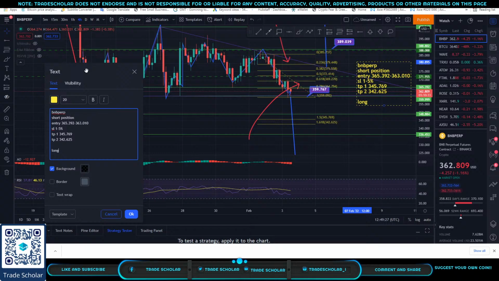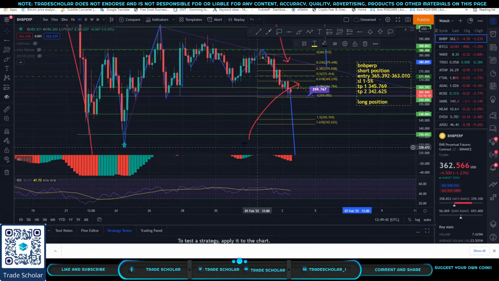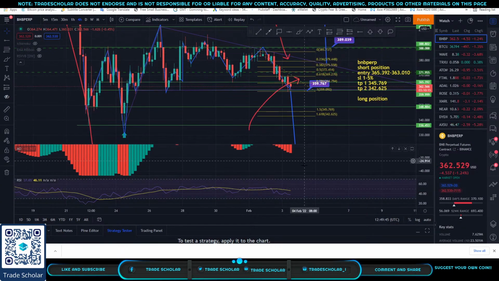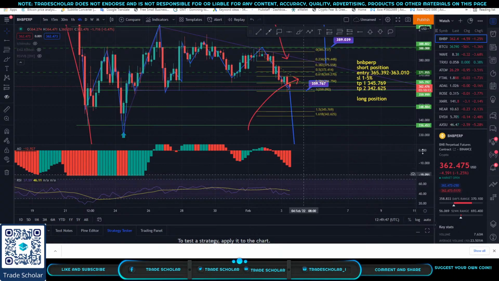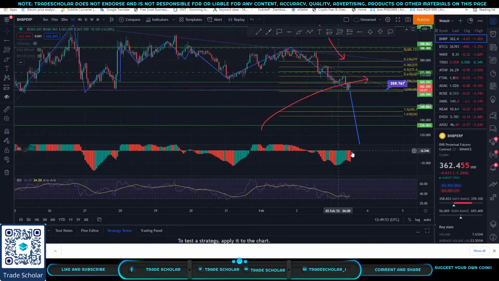Our long position is if we get a rejection here. Okay, if we get a rejection here, we will bounce here, then we open long position. Let me check our awesome oscillator if we have any signs. Strong volume still, no sign for our 1 hour. 1 hour is still volume also.